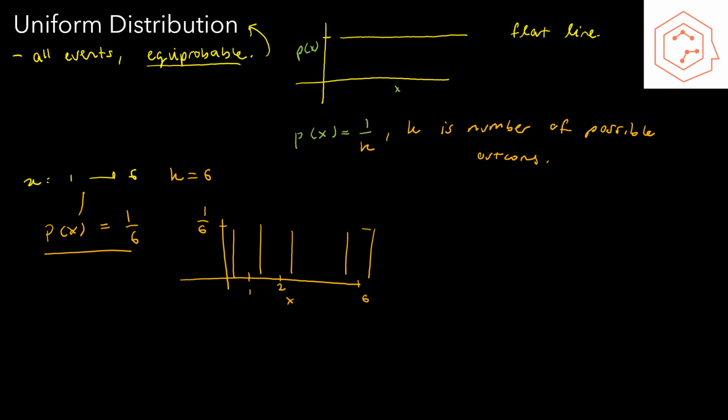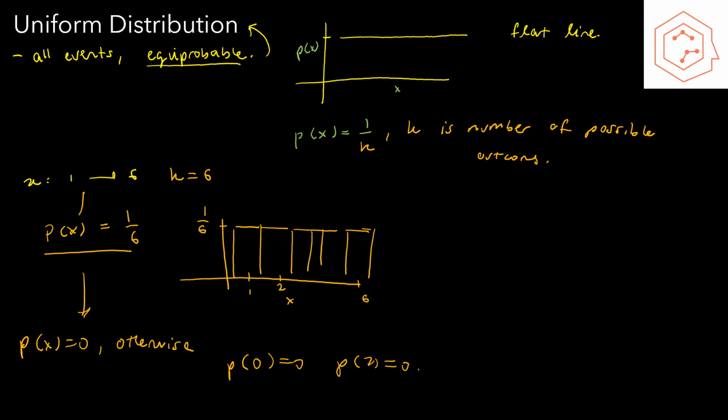After that, the rest of my probabilities are equal to 0. So we could say p of x is equal to 0 otherwise. So if we had p of anything less than 1, so p of 0, that's equal to 0. P of anything greater than 6, so p of 7, that's equal to 0, and so on. Now the fact that the probabilities over here are constant makes this distribution very uninteresting, and you won't really see it much, but it's a nice introduction for the concept of probability distributions.